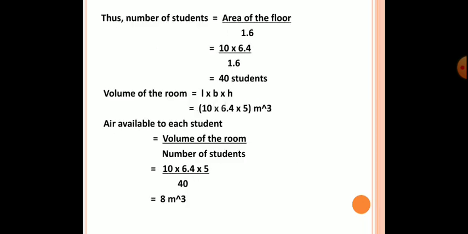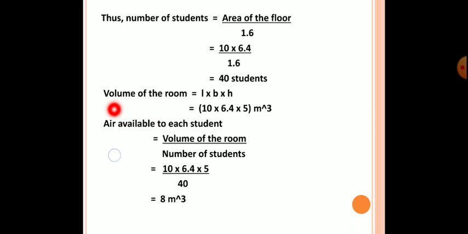Number of students is equal to area of the floor divided by 1.6, the area occupied by each student. Sorry, instead of writing 64, I have written 10 into 6.4, which is also 64. So you can write it as 64 divided by 1.6. On solving this, we'll get the number of students to be 40.